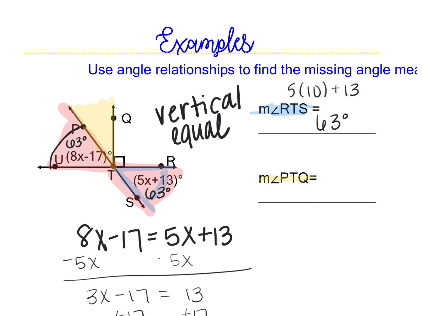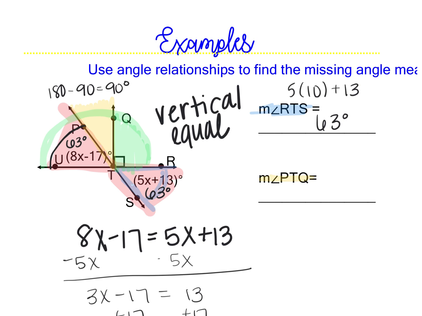Then all together right here, the green parts, this all has to add up to be 180 because it's making that straight line together. This piece here is 90. So if I take that out, I'm left with 90 degrees.